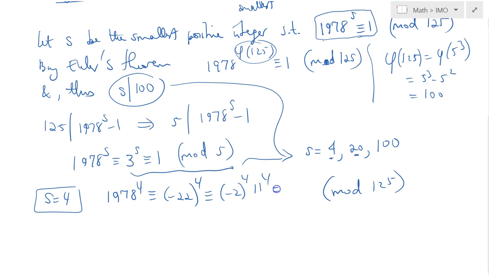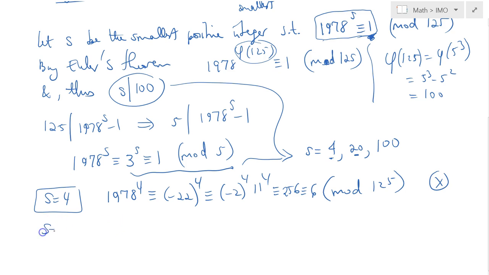So that would give us 16 squared, and 16 squared is 256, which is congruent to 6 mod 125. Not equal to 1 as we expected, so therefore this won't work.